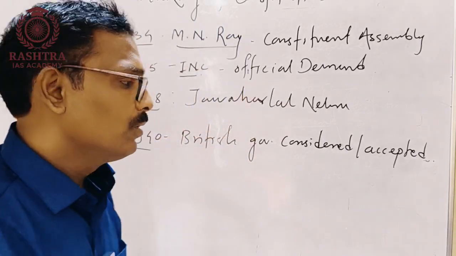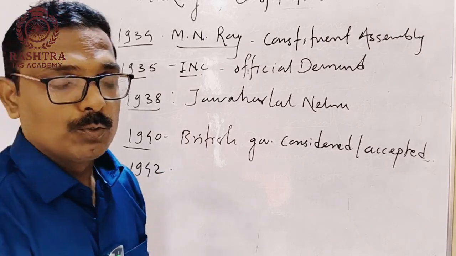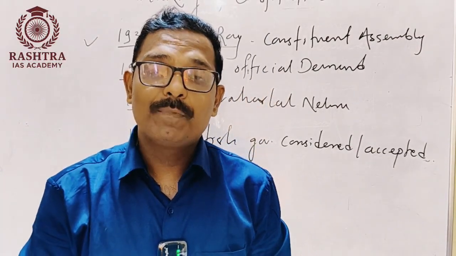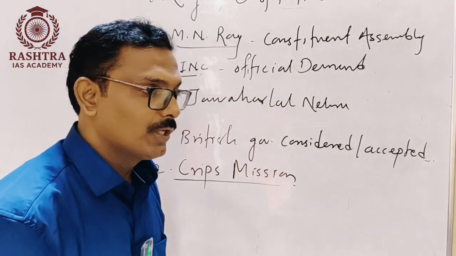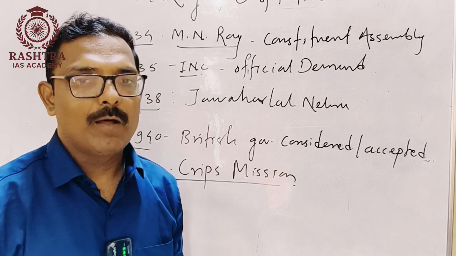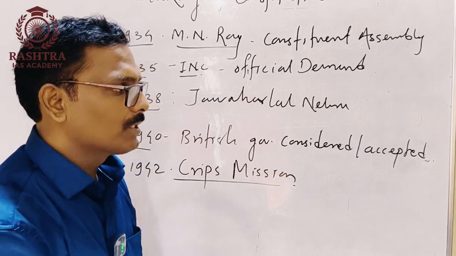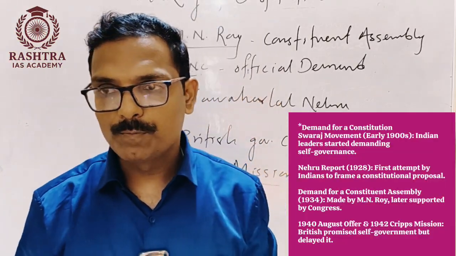In 1942, the Cripps Mission was sent to India to check the feasibility and preparedness of the Constituent Assembly. So after 2 years of acceptance, the British government sent the Cripps Mission to India.